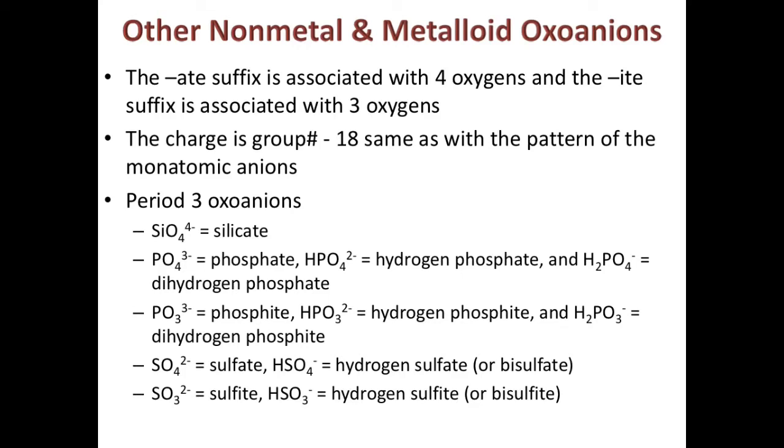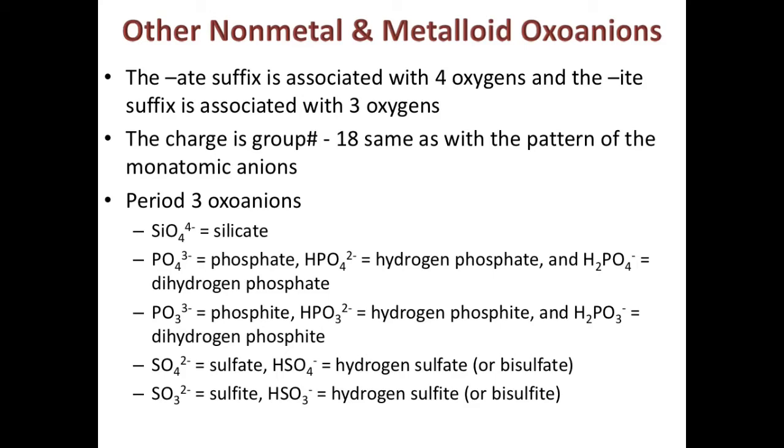This is different from what we had previously studied, wherein 3 oxygens was ATE and 2 oxygens was ITE. But just to remember, again, here we have 4 oxygens for the ATE suffix and 3 oxygens for the ITE suffix. And the charge is the group number minus 18, which is the same pattern as we found in the monatomic anions. So here are some period 3 oxoanions.